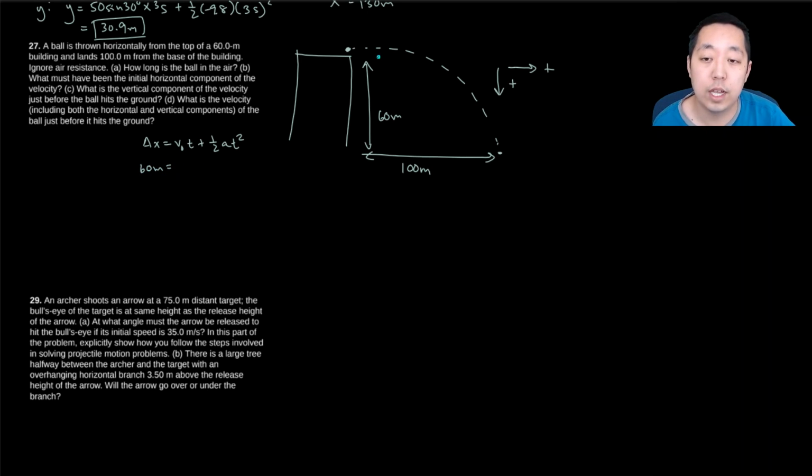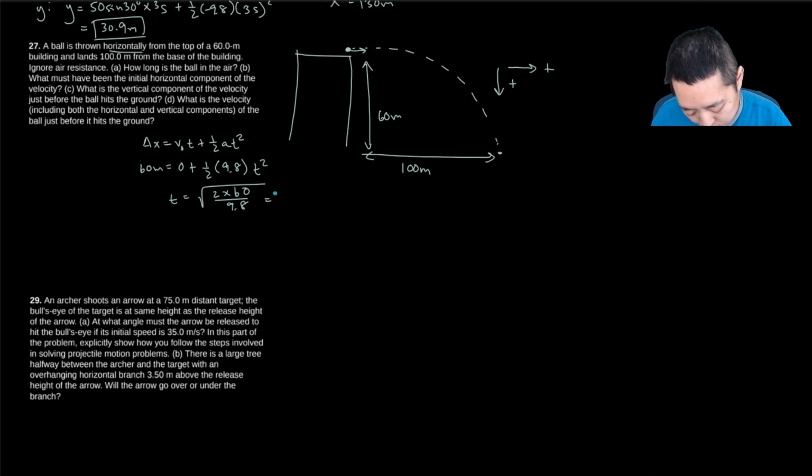Its initial velocity in the y direction is 0 because it was thrown horizontally, and the acceleration is a positive 9.8 because I've established down as the positive direction. So t is the square root of 2 times 60 divided by 9.8, which is about 3.5 seconds.